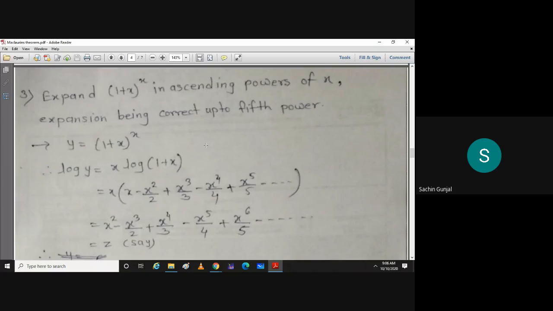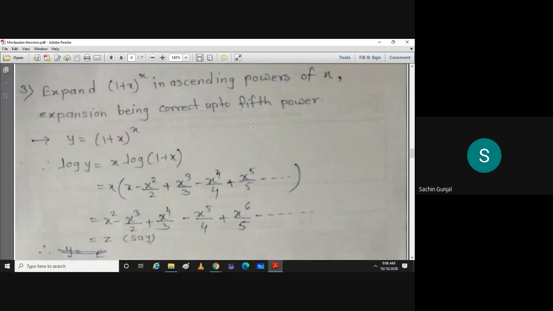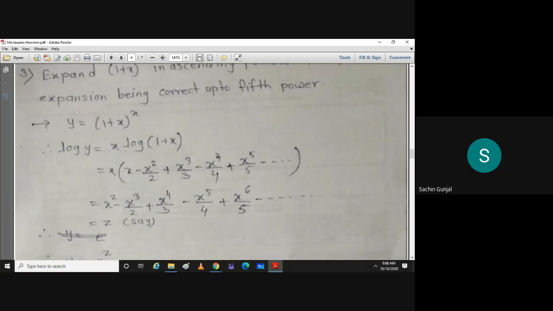So you can write up to x raised to 4 or x raised to 5. Now this x is in multiplication. So multiply it. You will have x square minus x cube by 2 plus x raised to 4 by 3 minus x raised to 5 by 4 plus x raised to 6 by 5 and so on.